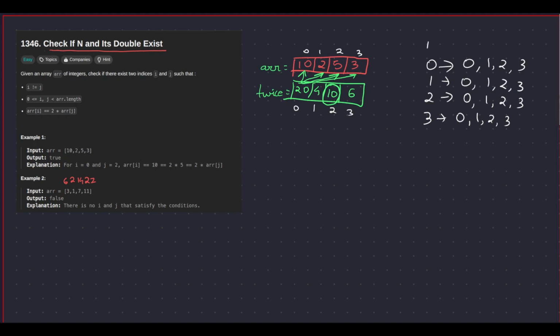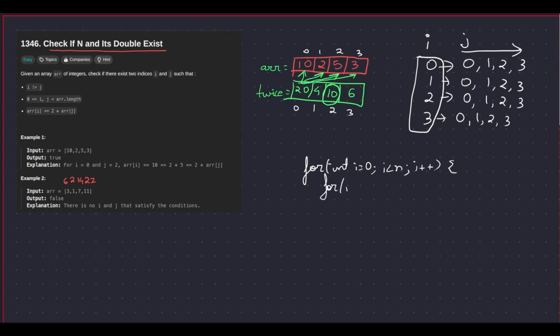So if I consider this as i, can I say all of these values will be j, and we will need two nested for loops, one which will control the value of i and another which will control the value of j. You know how nested loops work, right? So if I quickly write down the pseudocode, it will be something like this: for int i equal to 0, i less than n, where n is the size of the array, i plus plus, and inside this loop we will have a j variable which will iterate through every possible element.